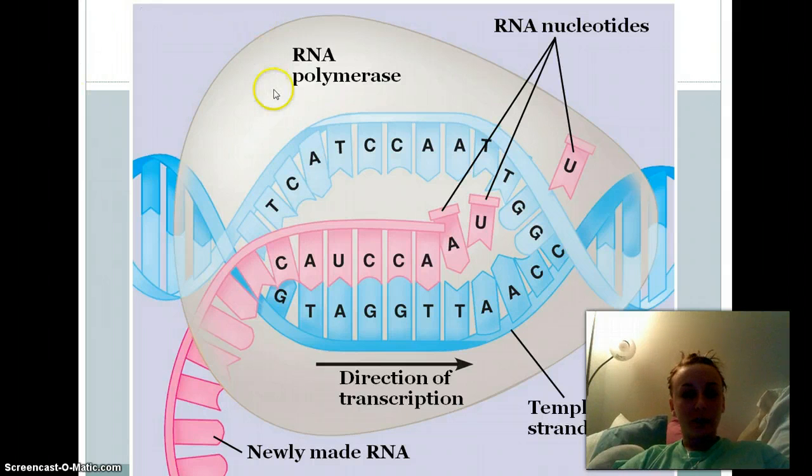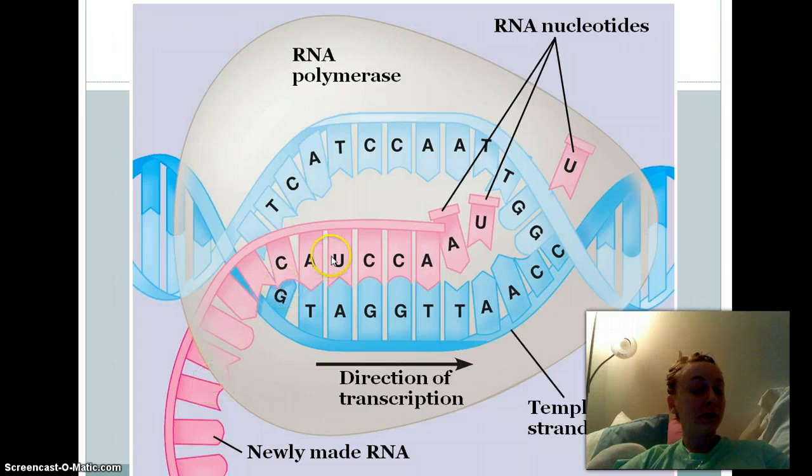So let's take a look at a picture. Here's our RNA polymerase. It looks kind of like a computer mouse. In blue we have our DNA, so it unwinds. Now keep in mind this is just a picture that represents a really small segment. Normally it's a much longer segment. Our pink is our newly made RNA.